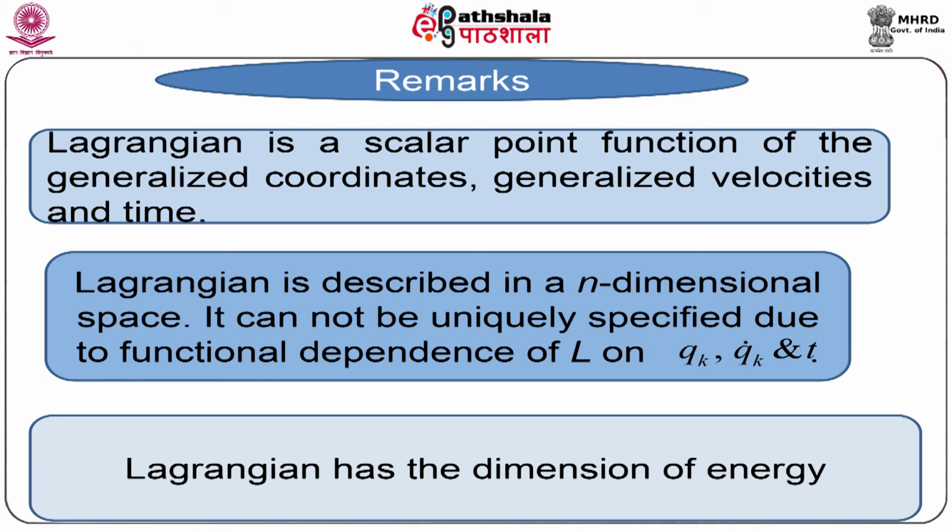It cannot be uniquely specified as it depends on generalized coordinate q_k, generalized velocity q̇_k and time t. Moreover, Lagrangian has the dimension of energy since it is expressed as the difference of kinetic and potential energy of that dynamical system.